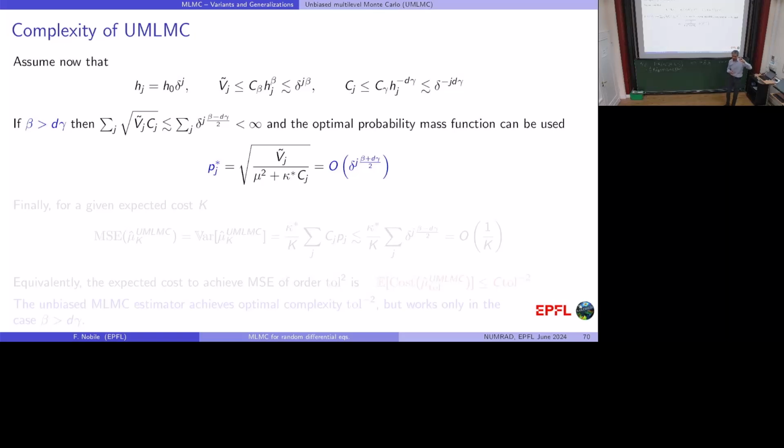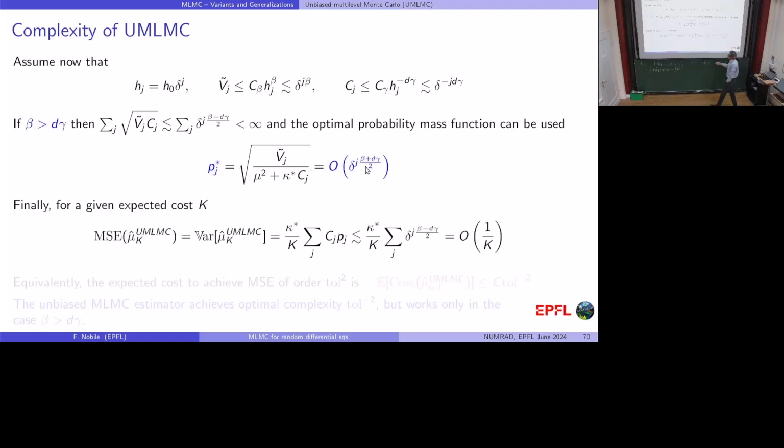Okay? So if we are in this good case, beta larger than d times gamma, these pj's from this optimal formula scale like delta to the j beta plus d gamma over 2.